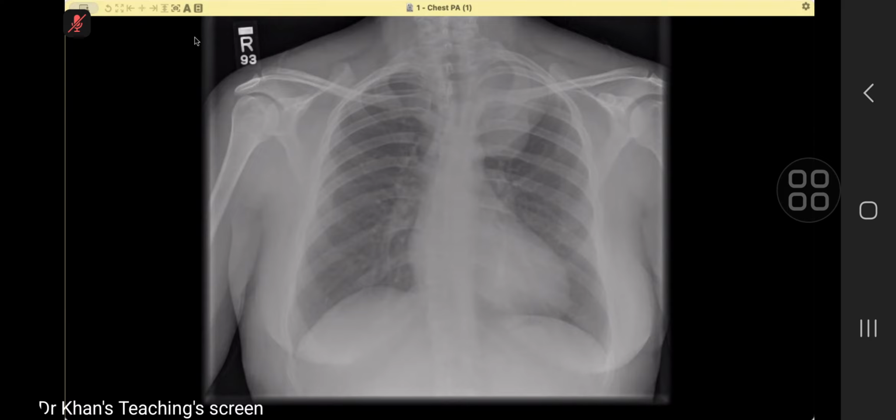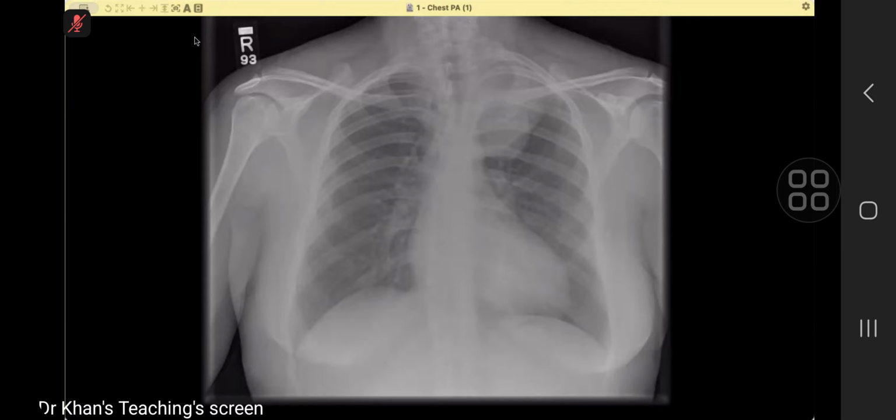My first differential diagnosis would be a posterior mediastinal mass, a nerve sheath tumor, likely a neurofibroma or schwannoma. That is the first of my differential list.